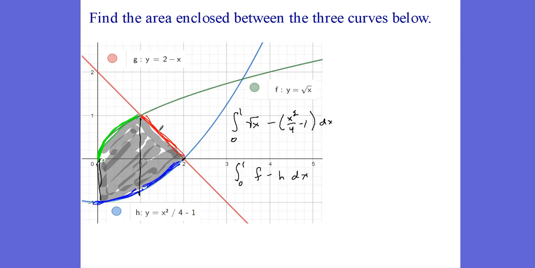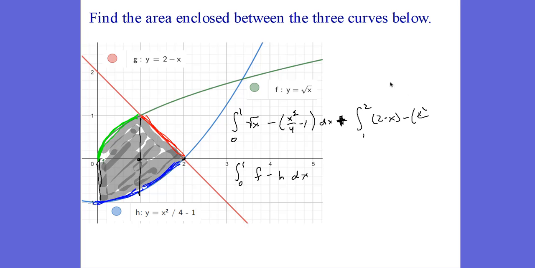Now, we also have another function here, so we can put a little plus symbol. We're going to add up the area of these two functions. The other integral is going from 1 to 2, and who's on the top is the g function, which is 2 minus x. Who's on the bottom is this blue function, which is x squared over 4.